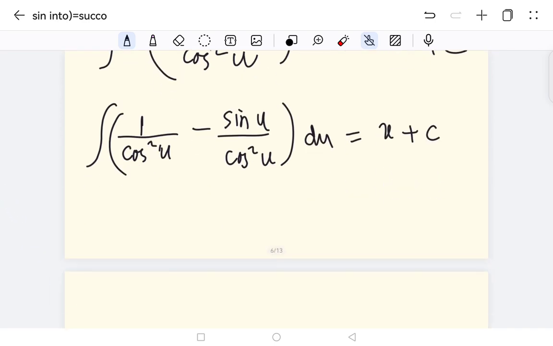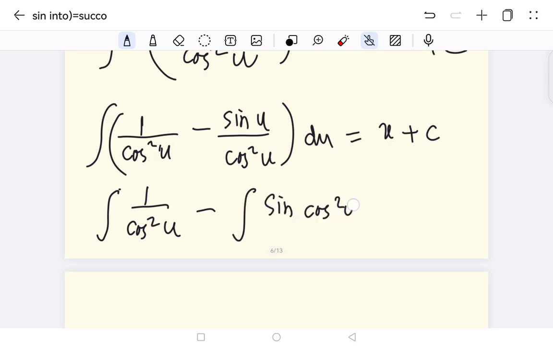So I'm going to separate one by one. Integral of 1 over cos squared u minus integral of sine u over cos squared u, and don't forget the du here, because of these brackets, equals x plus c.